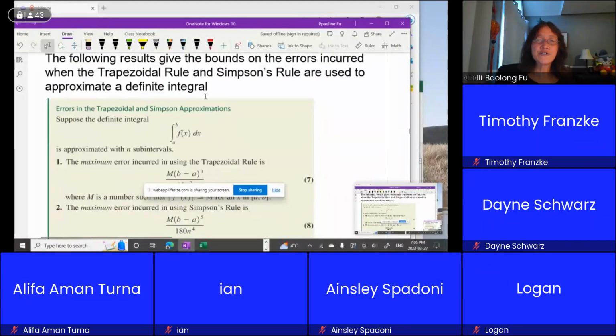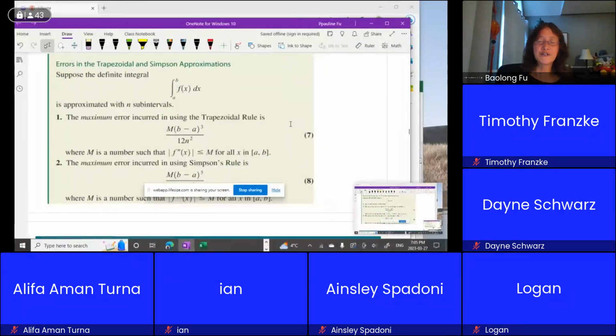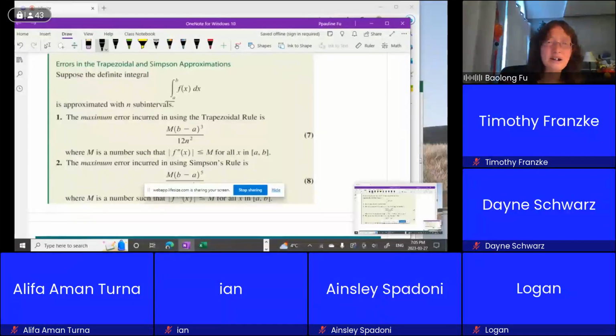This table shows the bounds on error terms incurred when using the trapezoidal rule and the Simpson rule. Suppose we want to estimate the integral from a to b of f(x).